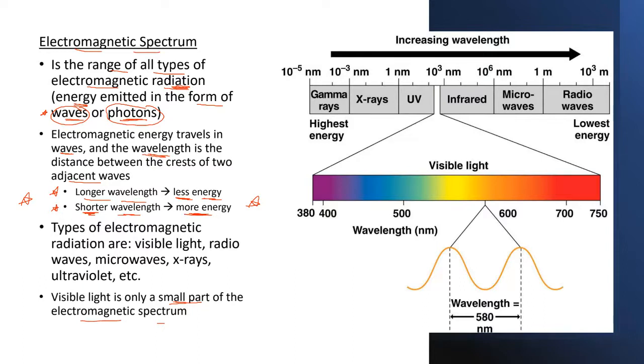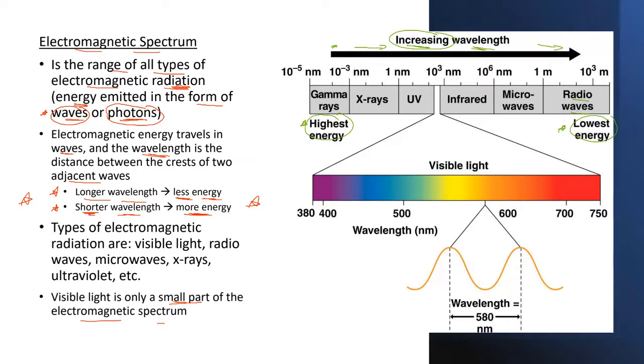Like we said, increasing wavelength: as we go from here all the way to here, we increase the wavelength. So technically these waves here are the longer wavelengths and thus the lowest energy. And the waves over here, the gamma rays, have the shorter wavelengths, but the highest energy.